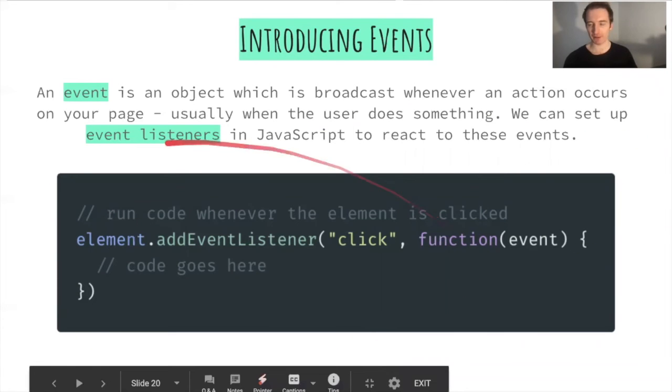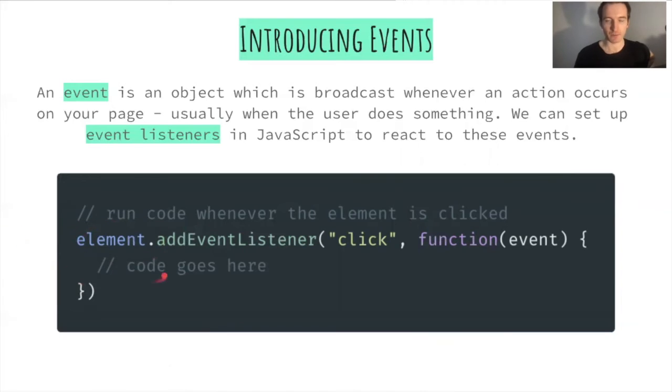So the general syntax for using events is that we have an element. This is one of the HTML DOM node elements, something that we get from querySelector or something that we get from getElementById. Another one of these methods that we get for free is addEventListener.